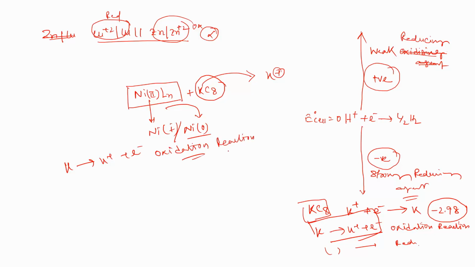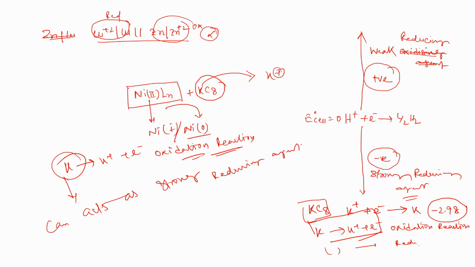In this reaction potassium is involved, and it can act as a strong reducing agent, because it has the reduction potential of minus 2.98, a higher negative value.